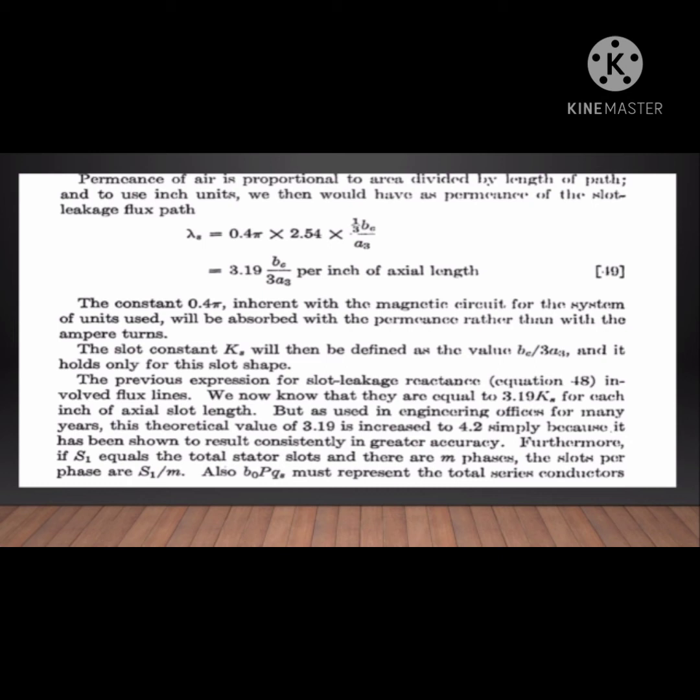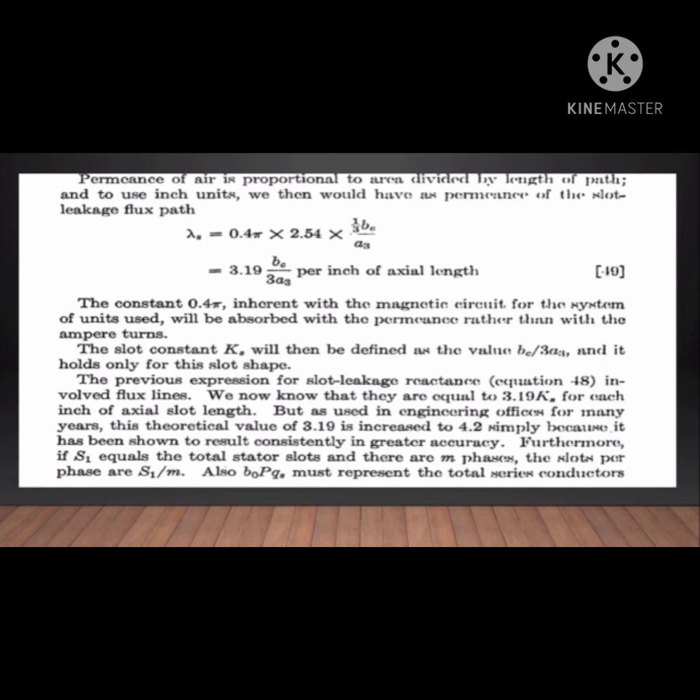The previous expression for the slot leakage reactance involved flux lines. We will know that they are equal to 3.19 Ks for each inch of axial slot length.